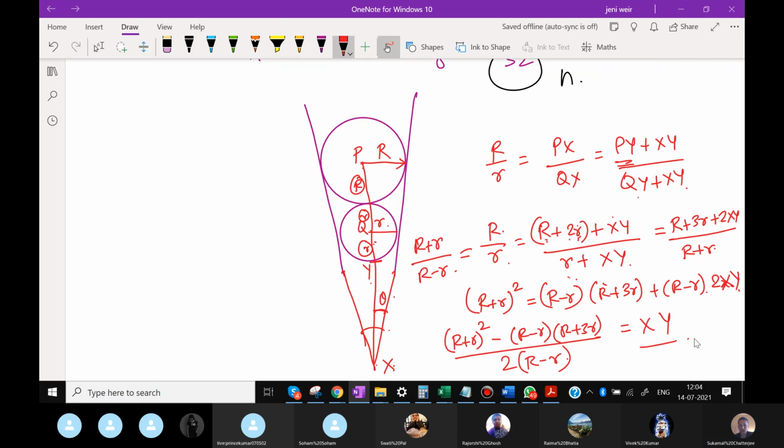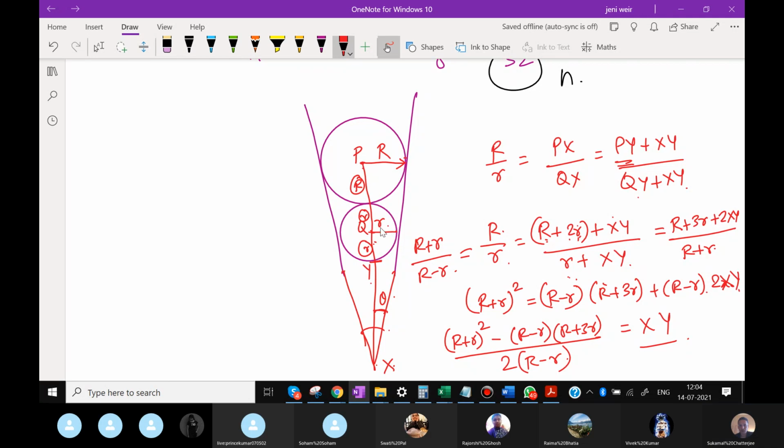Clear? Yes, sir. So now you look at these two circles where you have capital R and small r, right?